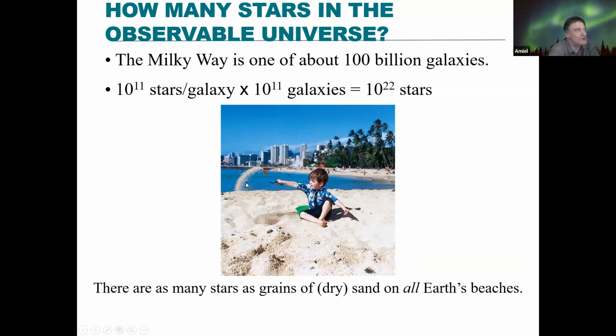Each one of those grains of sand is a star in the observable universe. Well, that's quite a lot of stars, I would say. And it's actually a very good argument for why there are aliens, because there are so many stars. One of them has to have life, at least one, and it's probably millions of them.